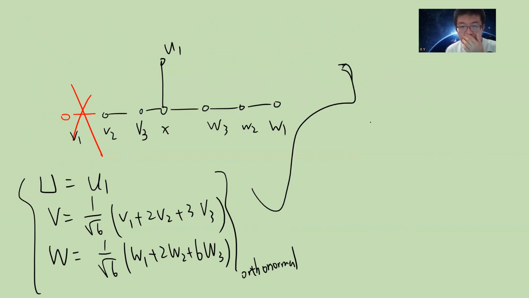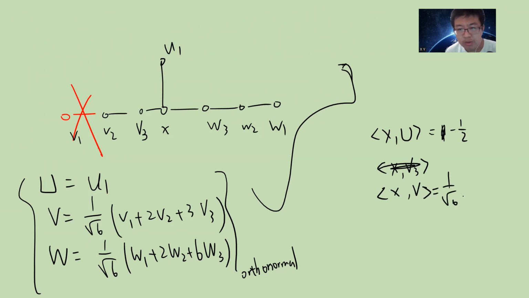Okay, so now let's do some calculation. So what is XU? XU is negative half because there's a single edge. And XV will be 1 over square root of 6 times 3 times half. And the XW is also the same thing.